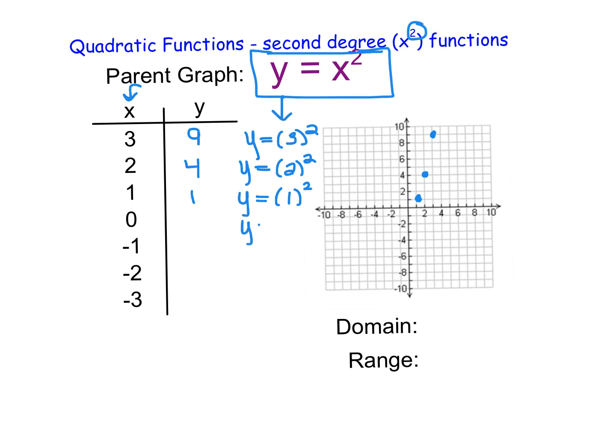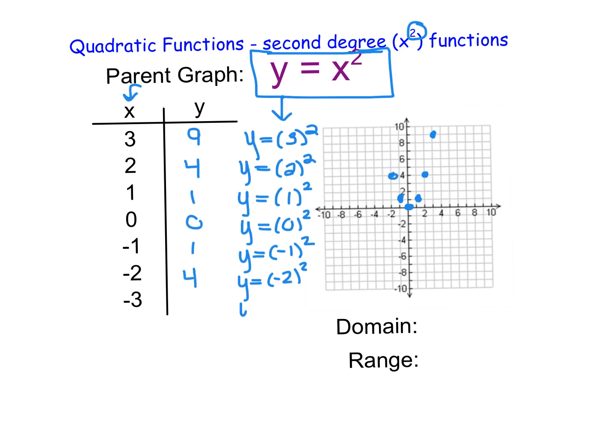And then we have y is equal to 0 squared. That would be 0, so we're at 0, 0. Then we have y is equal to negative 1 squared, which is 1. Y is equal to negative 2 squared, which is 4.